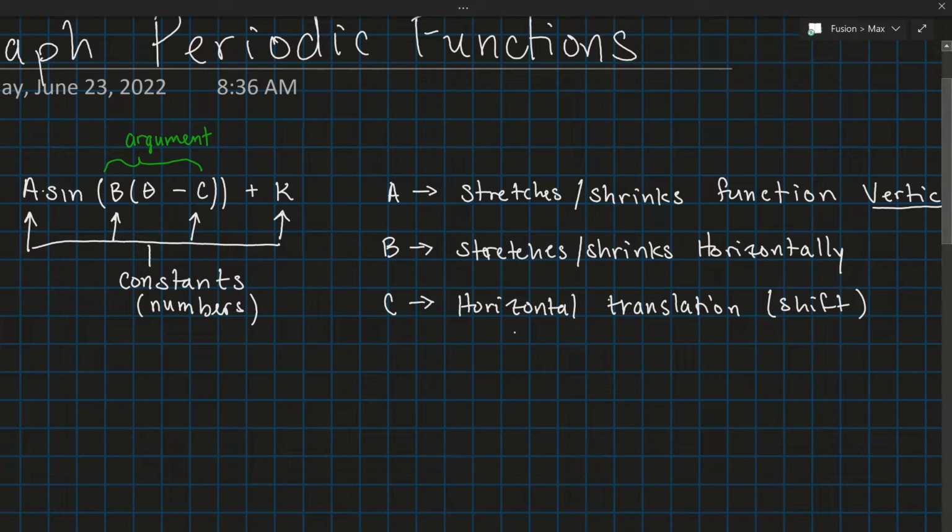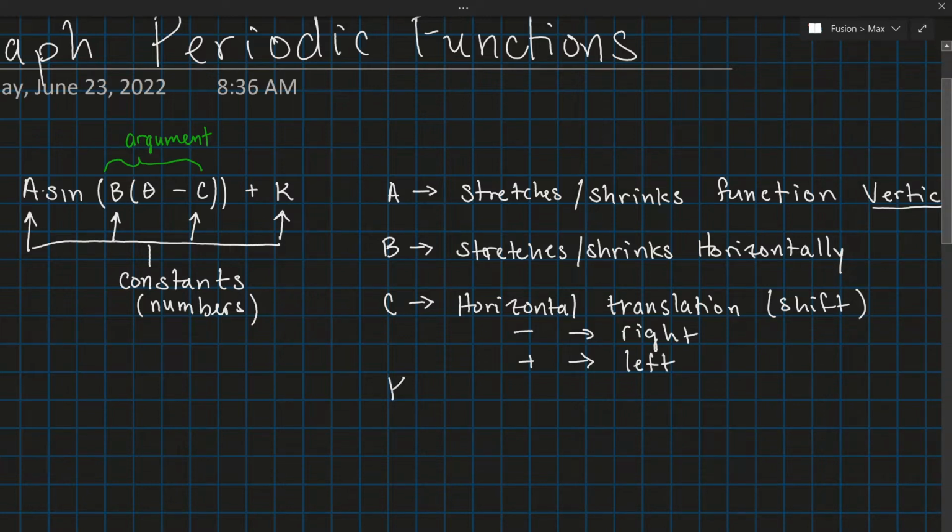And if it's minus, it moves it right. Isn't that true for all functions? Yeah, so you have done this before. I bet with polynomials? Yeah, it's the exact same idea. And if it's plus, it shifts it left.